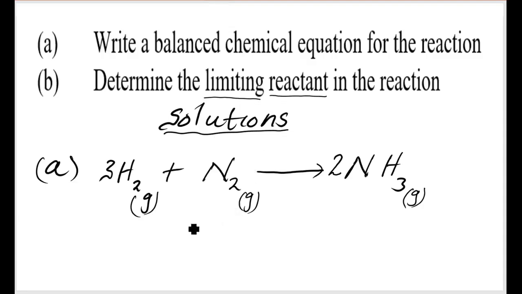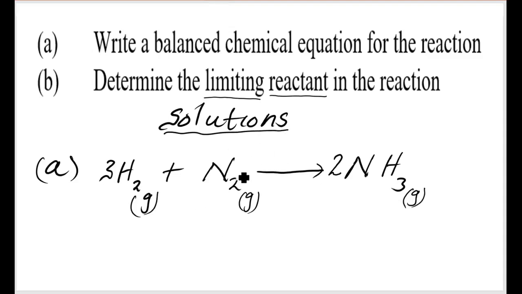For you to find the limiting reactant, the procedure is to find the number of moles of hydrogen and the number of moles of nitrogen, because these are the reactants that we have. On the right hand side we have the product, so you don't deal with the products.